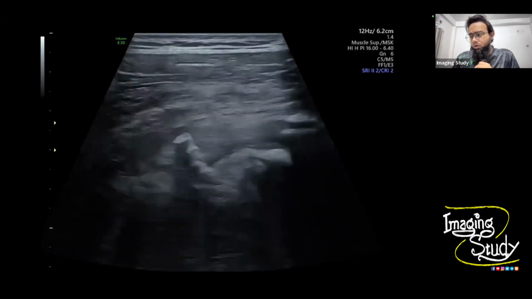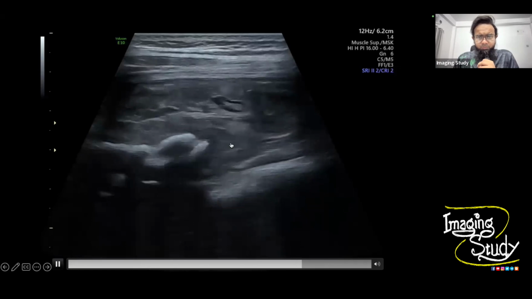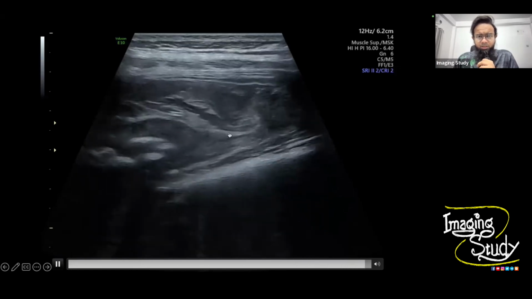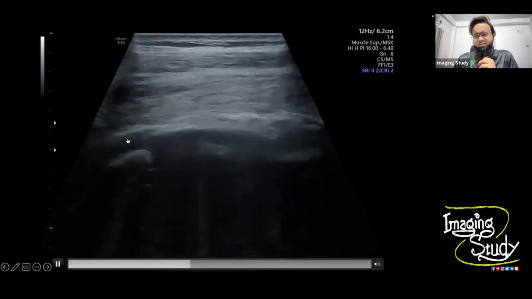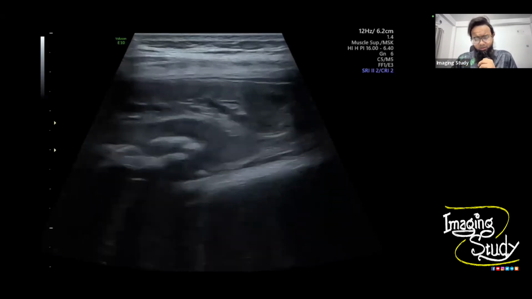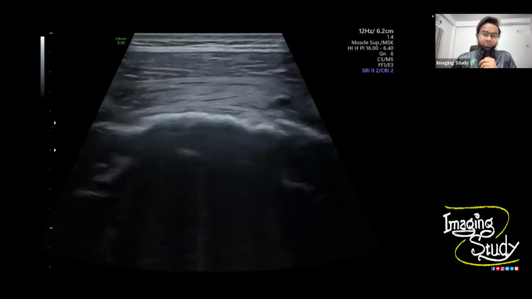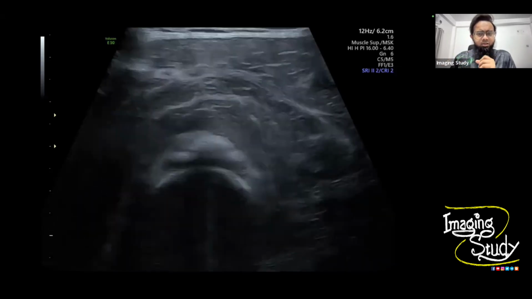Okay. So now if you see the area, there is some heterogeneous area here also within the muscle. This muscle is the vastus intermedius, which is the anterior muscle here, a very deep muscle on the anterior side of the thigh. So let's jump into the transverse section to evaluate a little more.